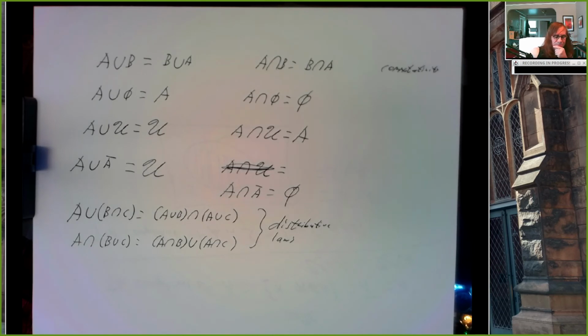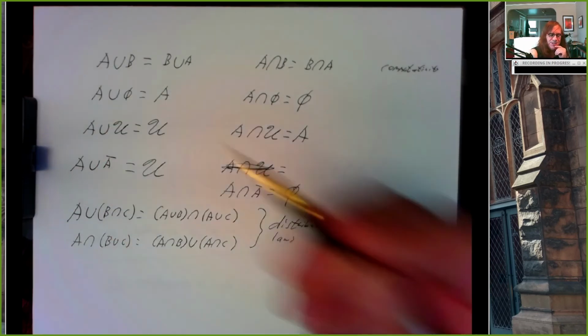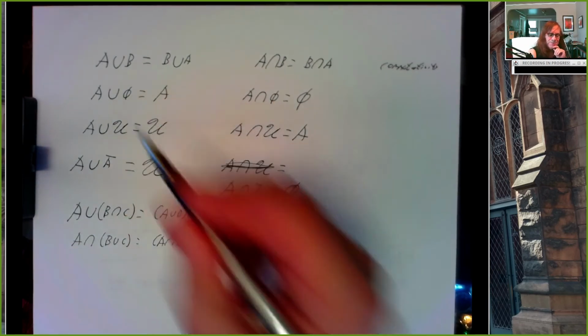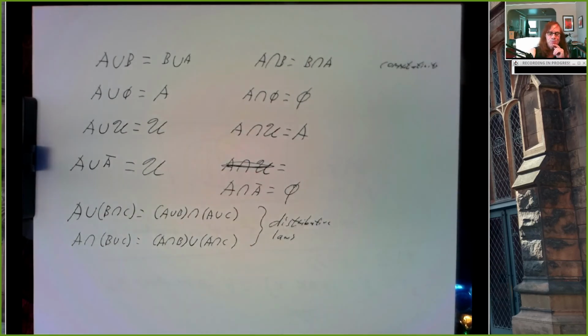Boolean algebra. It looks like Boolean algebra. Guess what? It is Boolean algebra. If we replace union with or, and we replace intersection with and, and we replace the empty set with 0 and the universe with 1, these are our laws from Engineering 250.